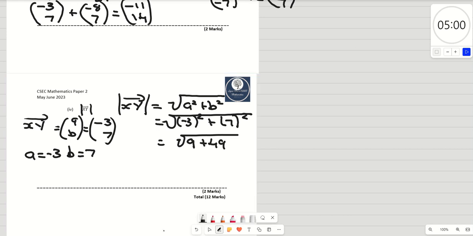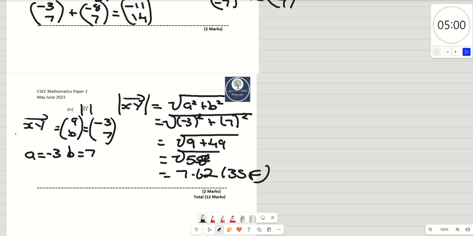That's equal to the square root of 58. You put this in your calculator and you will get 7.62 to 3 significant figures. And that would be your answer for this question.